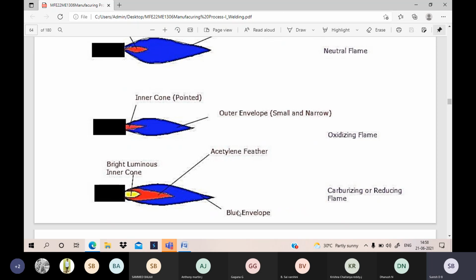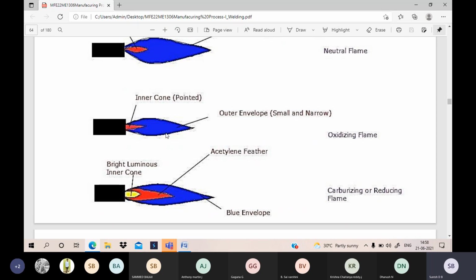Last, the blue envelope, the outer envelope. Here three different flames are there: one is the bright inner cone, one more is the acetylene feather, and the last one is the outer envelope. This type of flame is called a reducing flame or carburizing flame.